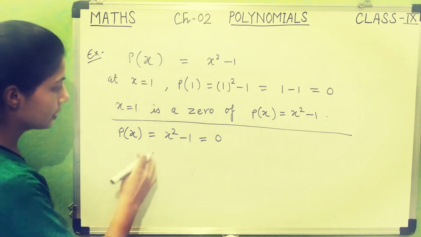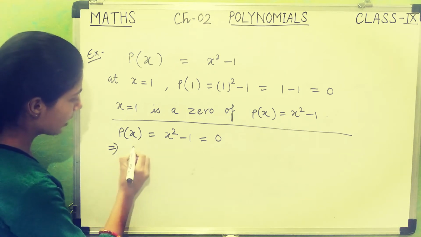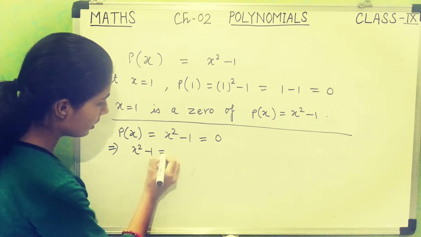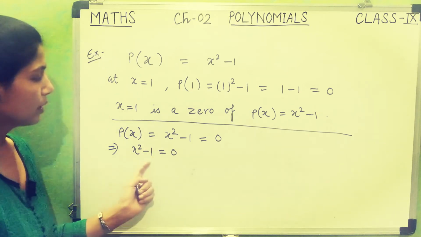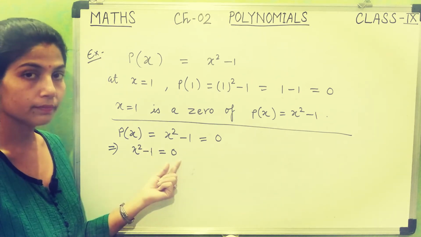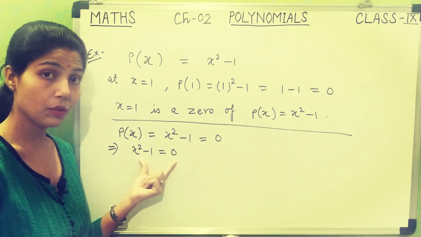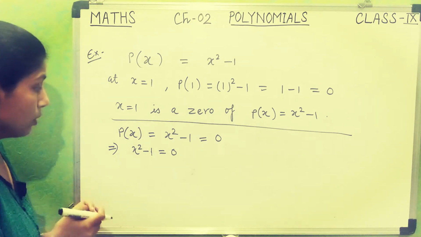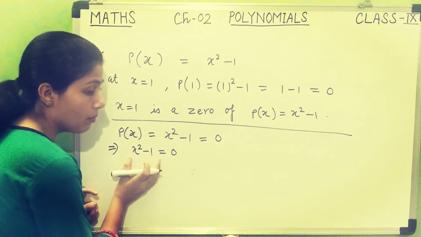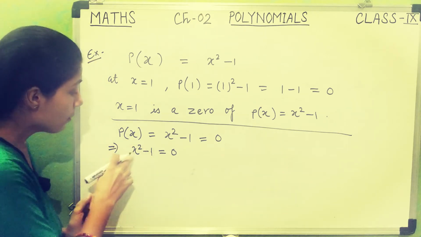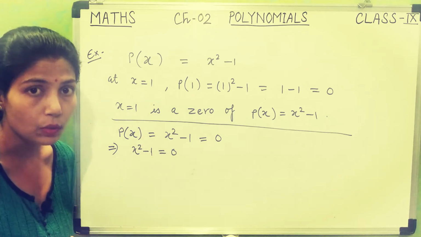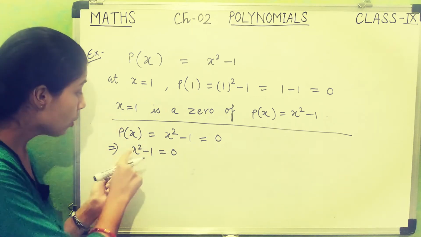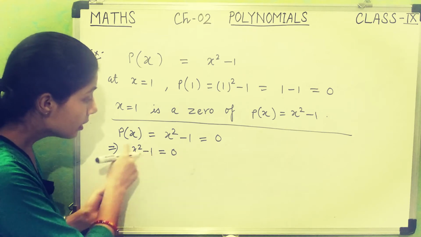So x square minus 1 equals 0 is now an equation. The value of x at which the right hand side and left hand side become equal will be its root.